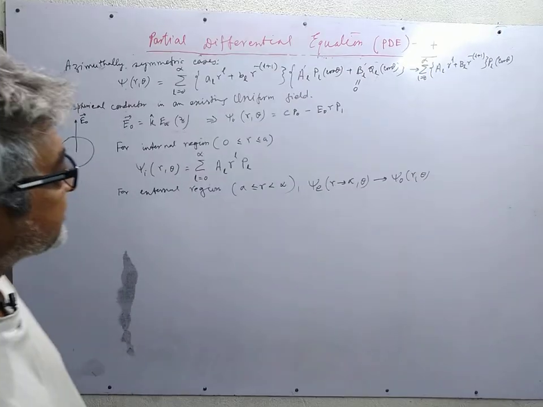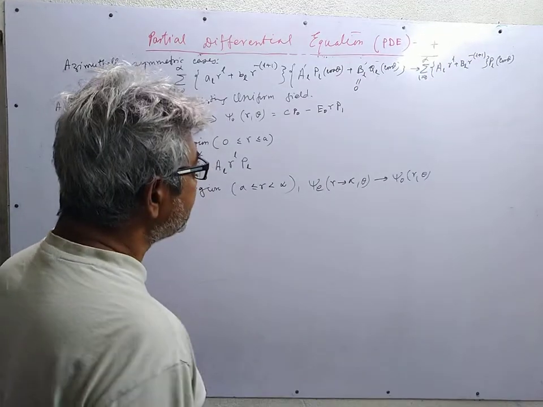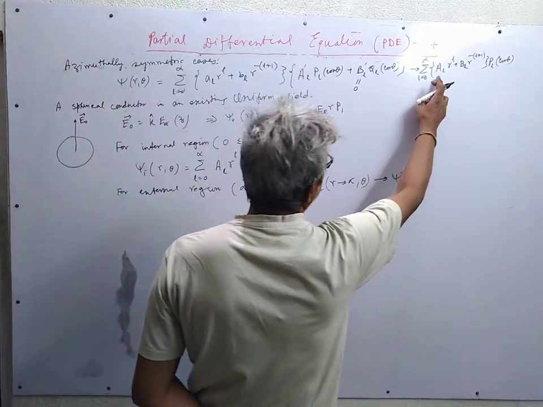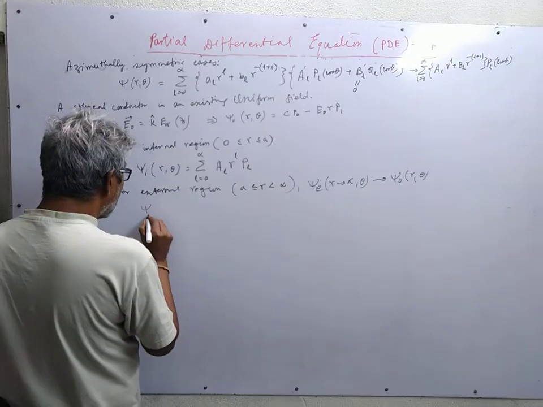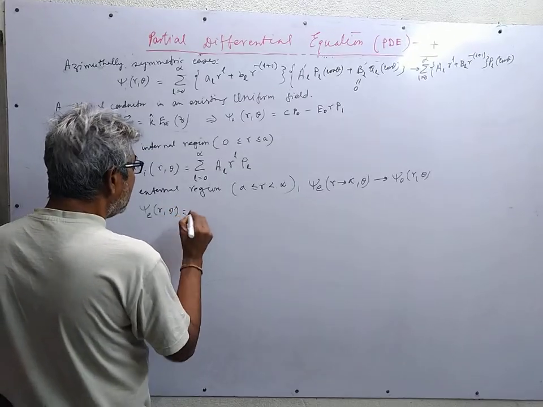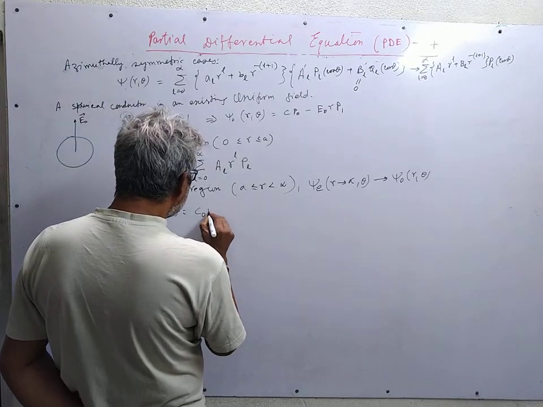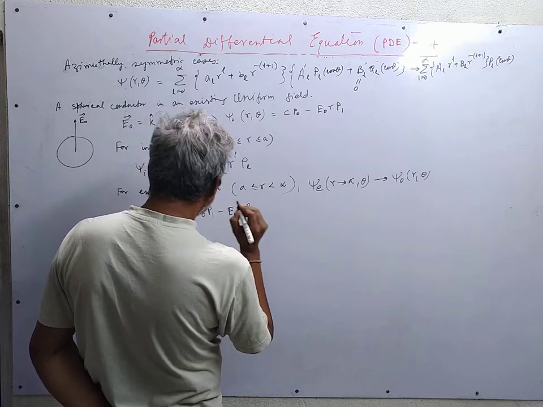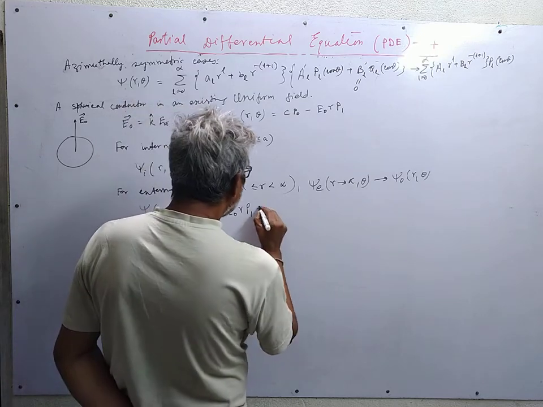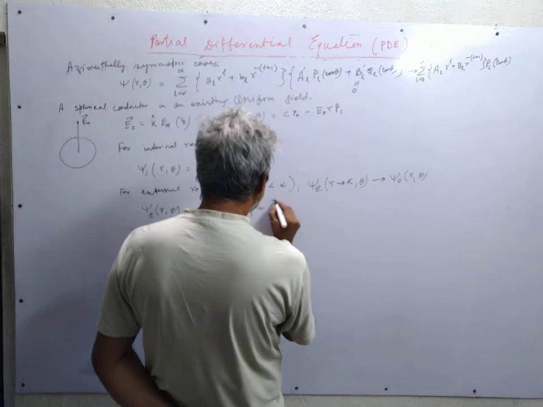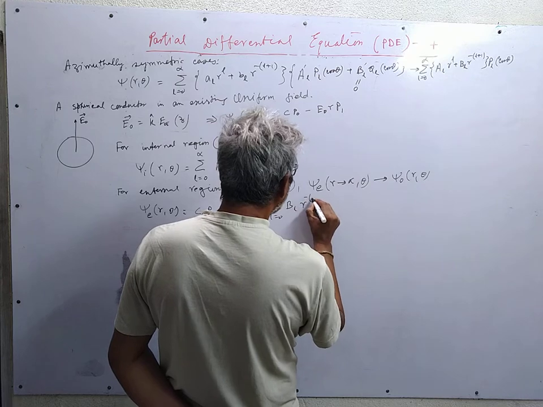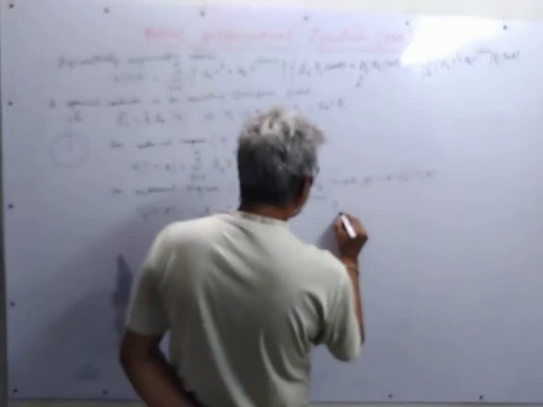So this must tend to this form, from which we conclude that A0 should be C and A1 should be minus E0. So for the external region we have C P0 minus E0 r P1, sorry, this is P0, then this term, the summation over L from 0 to infinity of B_L r to the power minus (L plus 1) P_L of cos theta.